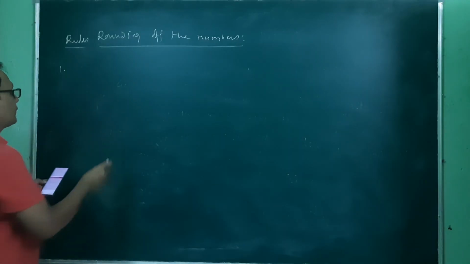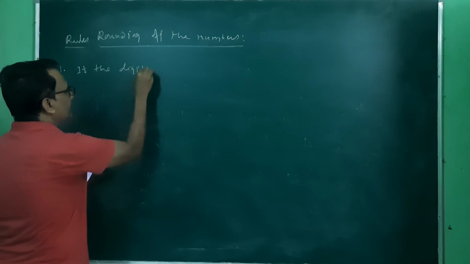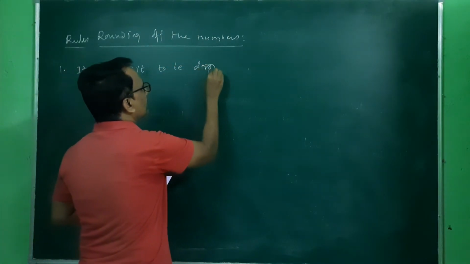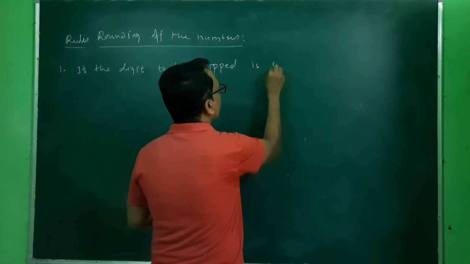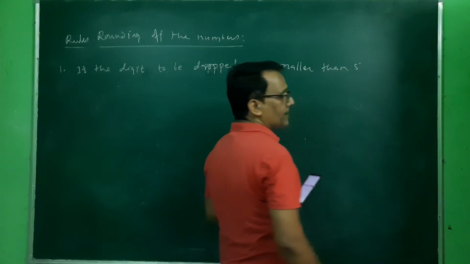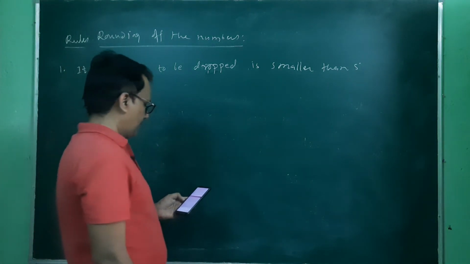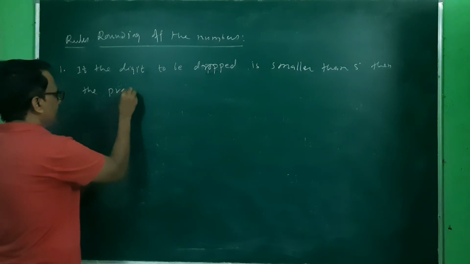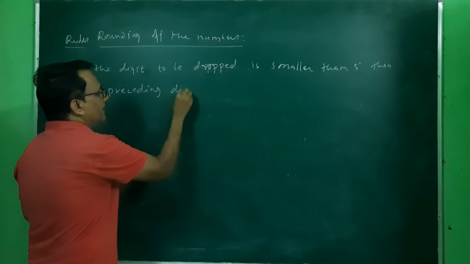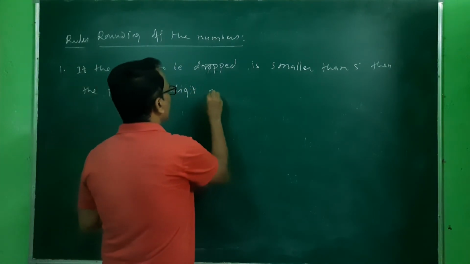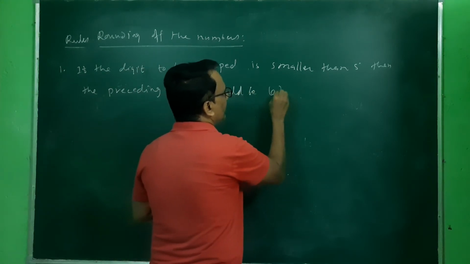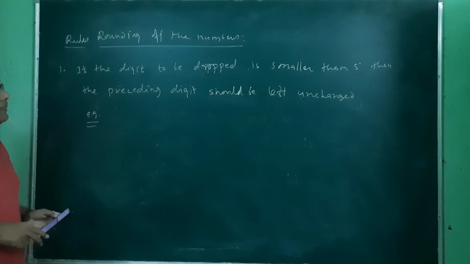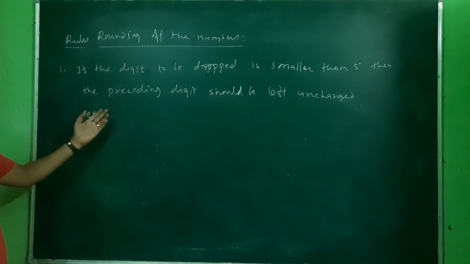Rule number 1: if the digit to be dropped is smaller than 5, 5 being the central number, then the preceding digit should be left unchanged.